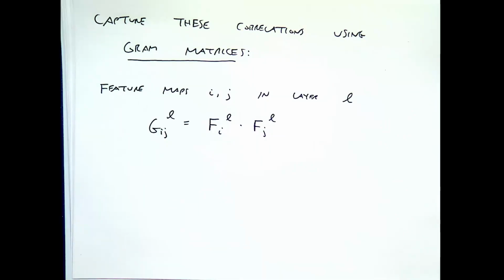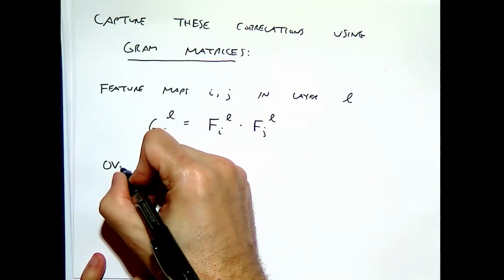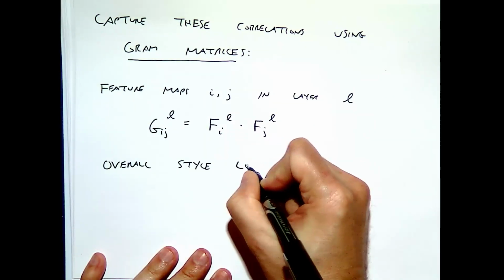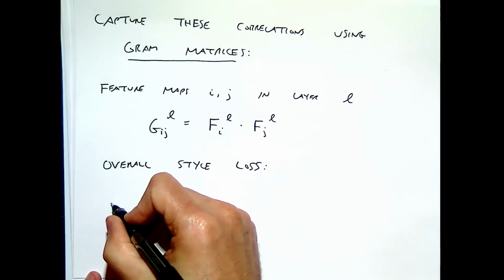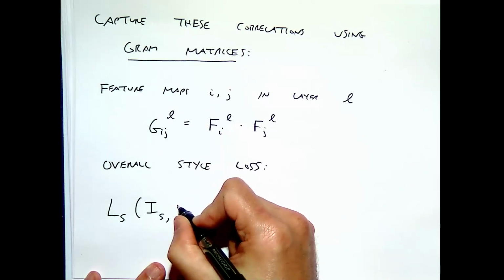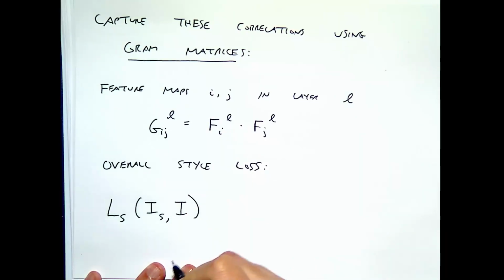And so it's like I have one matrix per layer of the network. And the dimensionality of the matrix is how many features or channels there are in the layer. So the overall style loss is along the lines of saying I have a loss for the style between my target style and the image I'm generating.